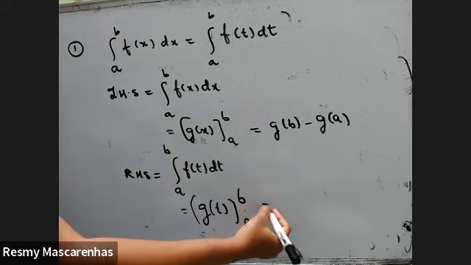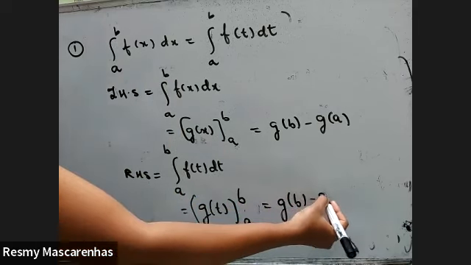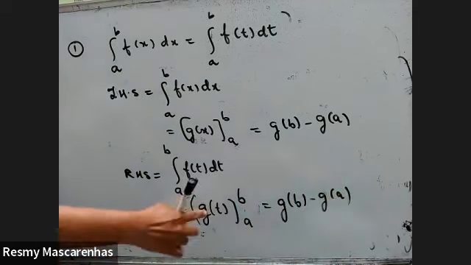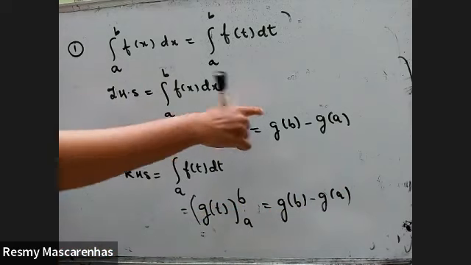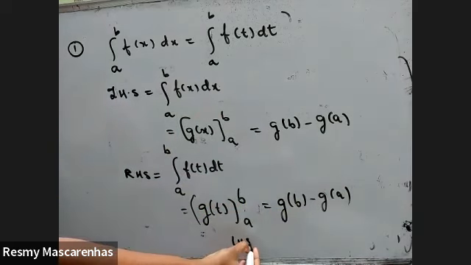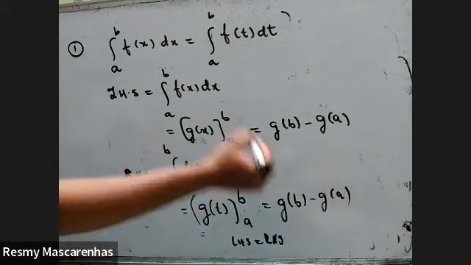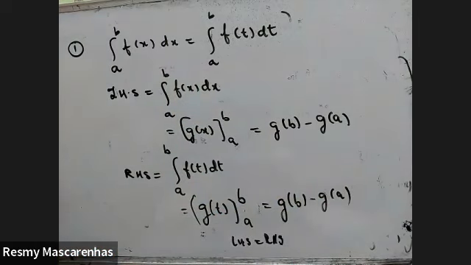Substitute the higher limit. So g of b minus g of a. So letter will not make any difference. Finally, answer will remain the same. This is the first proof. If anyone has any doubt, you can ask.